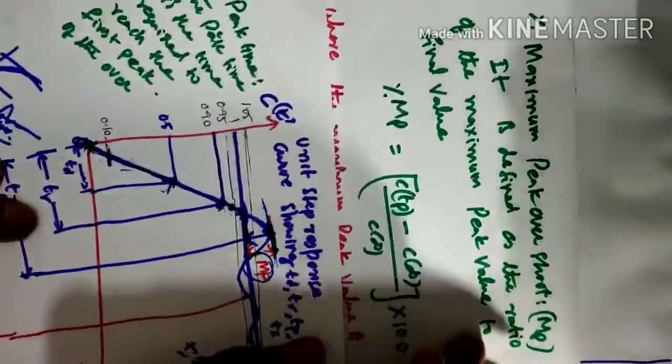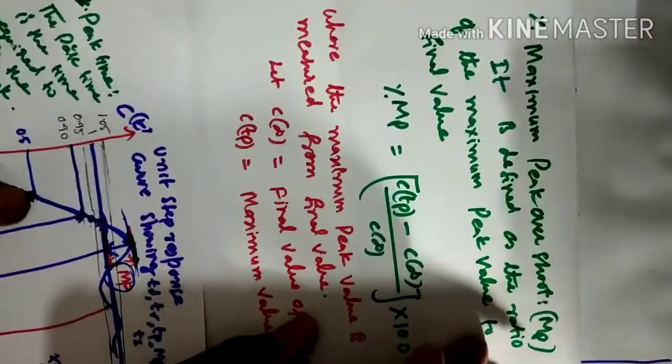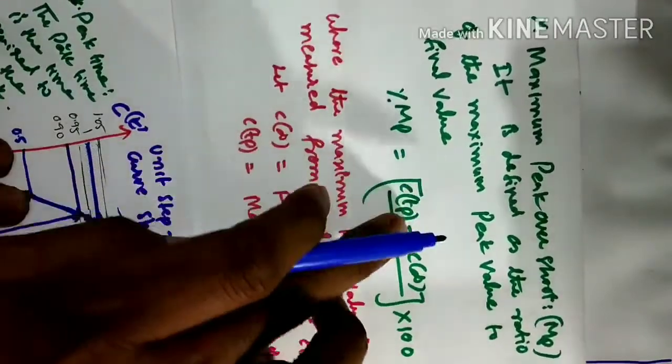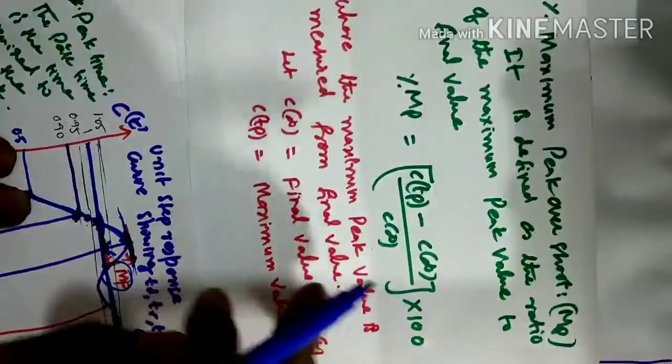The formula is: maximum peak overshoot is equal to C(tp), the peak overshoot.